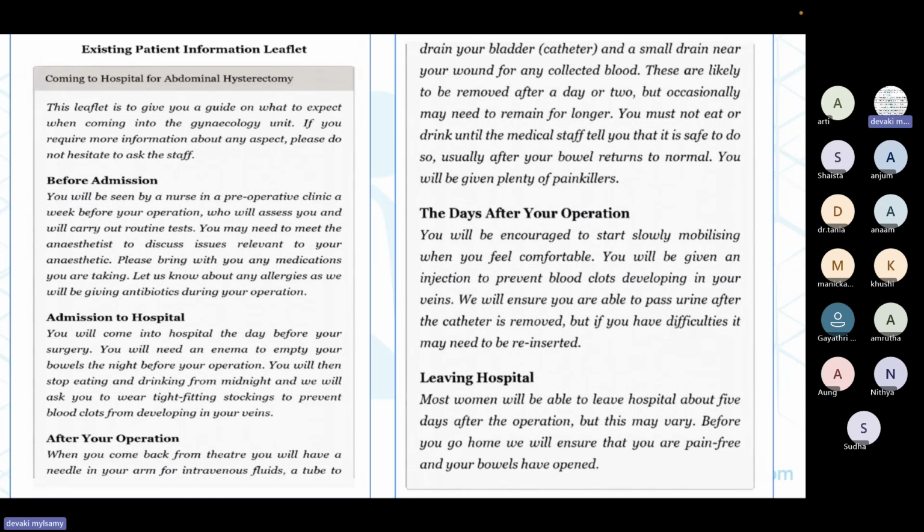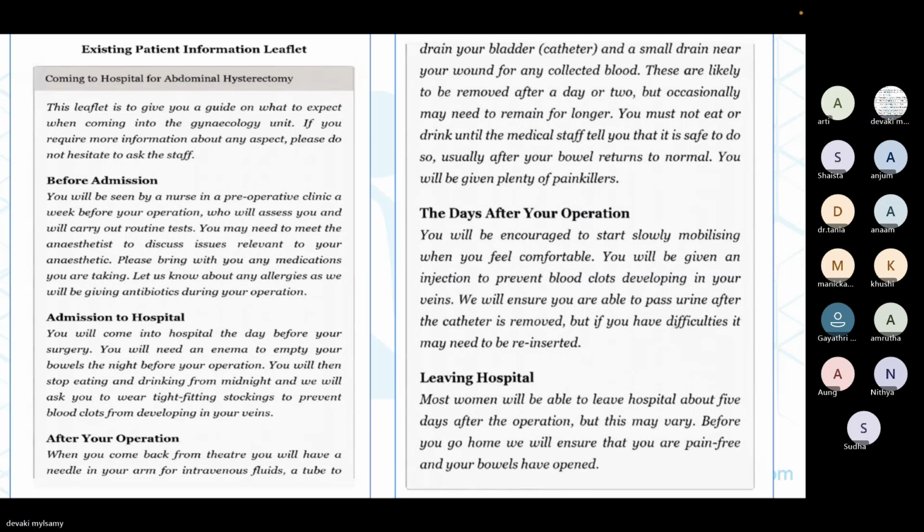The days after your surgery, after your operation, so here actually they will be advising you to mobilize yourself, which has been mentioned, but not slowly. They need to be mobilized as early as possible. Make them comfortable by giving them effective painkillers, and injectable low molecular weight heparin according to the risk assessment needs to be given.